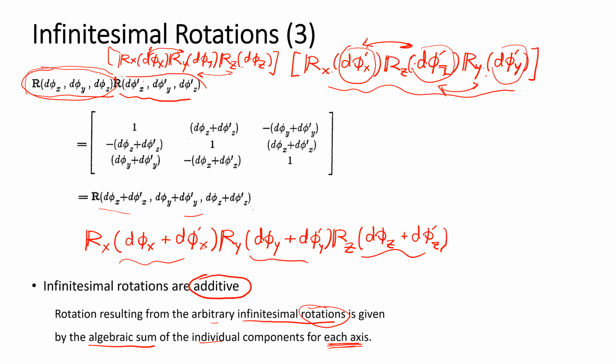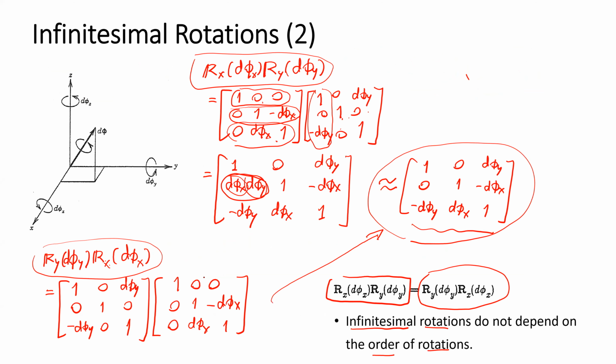Individual component means d phi x, maybe d phi x prime if we have another rotation about the same axis. We just need the algebraic sum, and we have the additive property. Are you familiar with additive property? I mean, we are familiar with the additive property in vector.